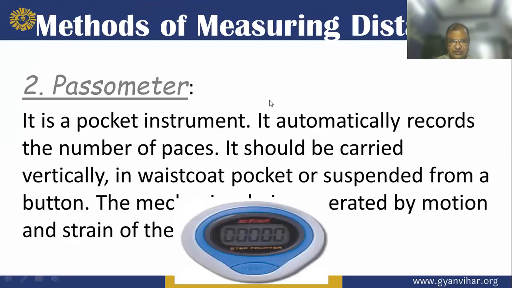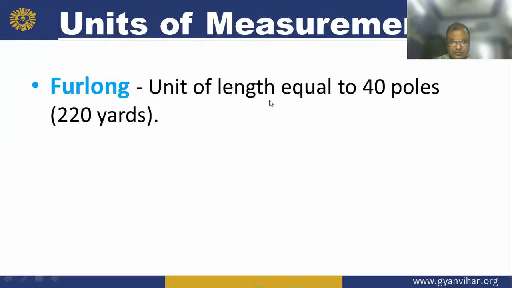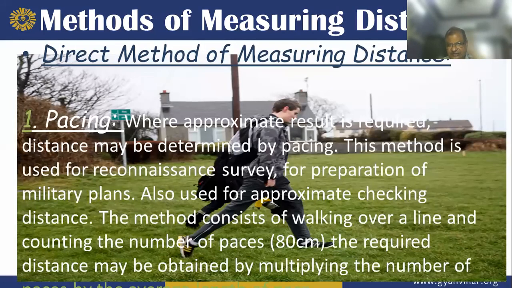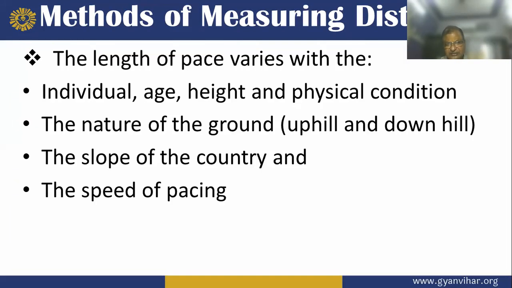This is the direct measurement, and this is pacing. The length of a pace varies with the individual's age, height, and physical condition, the nature of the ground, uphill and downhill, the slope of the country, and the speed of pacing.